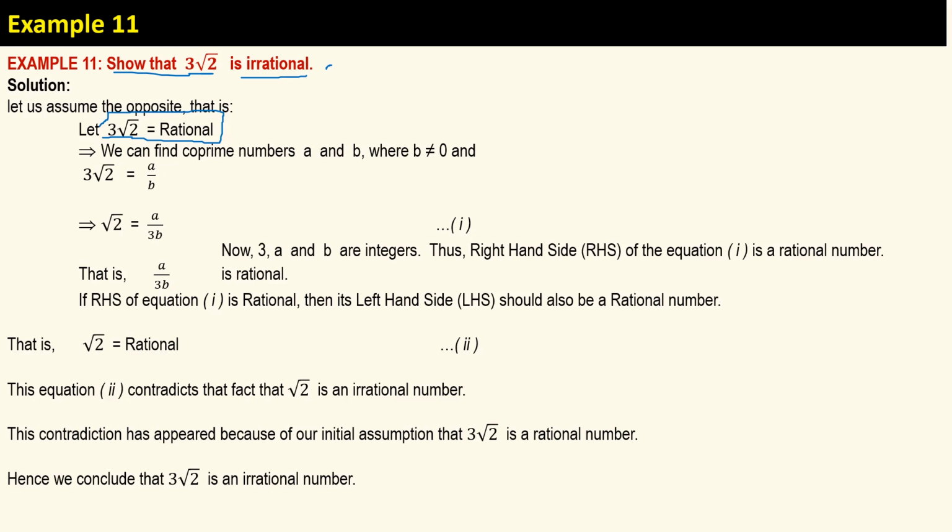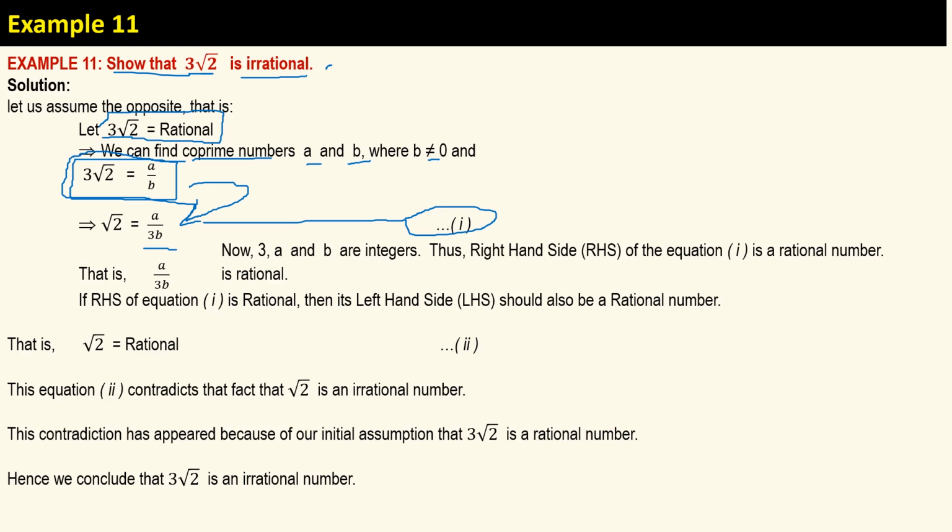If this is a rational number, then we can find co-prime numbers a and b where b is not equal to 0, so that 3 times square root of 2 is equal to a divided by b. Now let's rearrange this equation as square root of 2 is equal to a divided by 3b, and let's call this equation number 1.